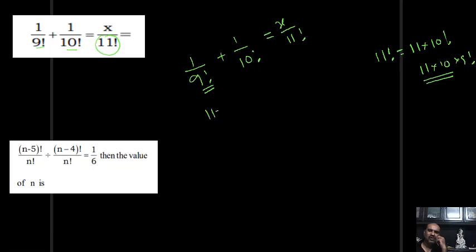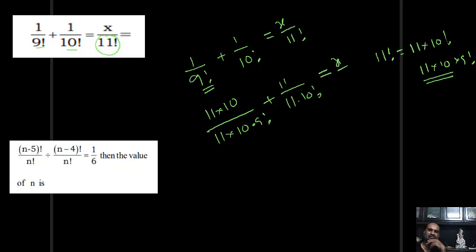10 into 11 multiplied and divided: (10·11)/(10·11·9!), plus here 11 into 10! is 11!, so I want 11 for 10!: 11/(11·10!), equal to x/11!. See here, what is it? 110/11! I can write, 11/11!